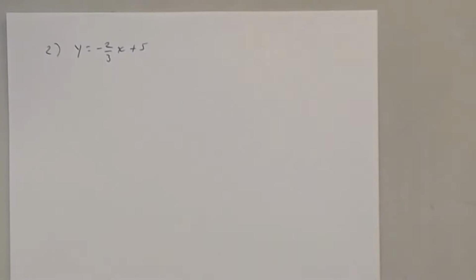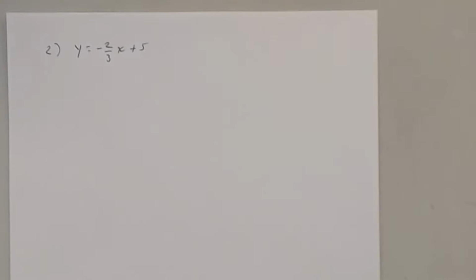All right, now y is by itself. So usually when y is by itself, it makes things a lot easier for us in terms of finding points. But notice that the coefficient of x is a fraction. So you need to be strategic with the values for x that you choose.